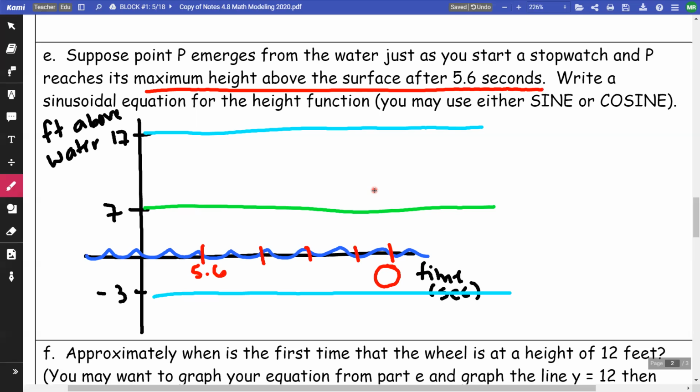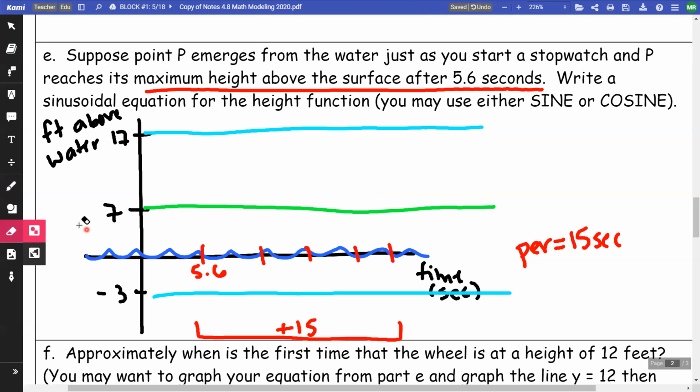I know that the period is equal to 15 seconds. So what that means is I'm going to go from here to here. I'm going to add 15 seconds on, and that's going to give me this value right here. This value is going to be 5.6 plus 15, which is 20.6.